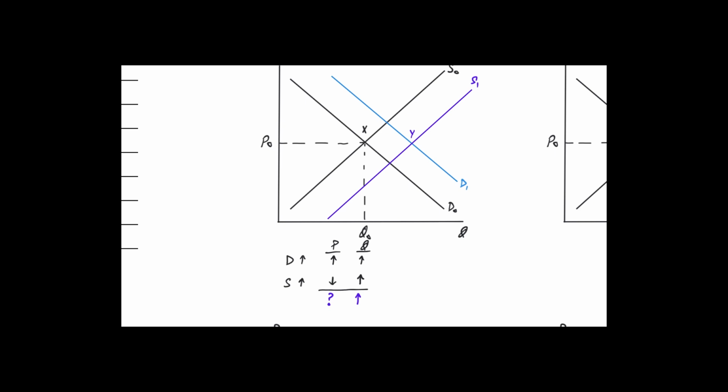As a result of this, we can say that when demand goes up and supply goes up, price is uncertain. However, the quantity will increase. This can come in your MCQs.